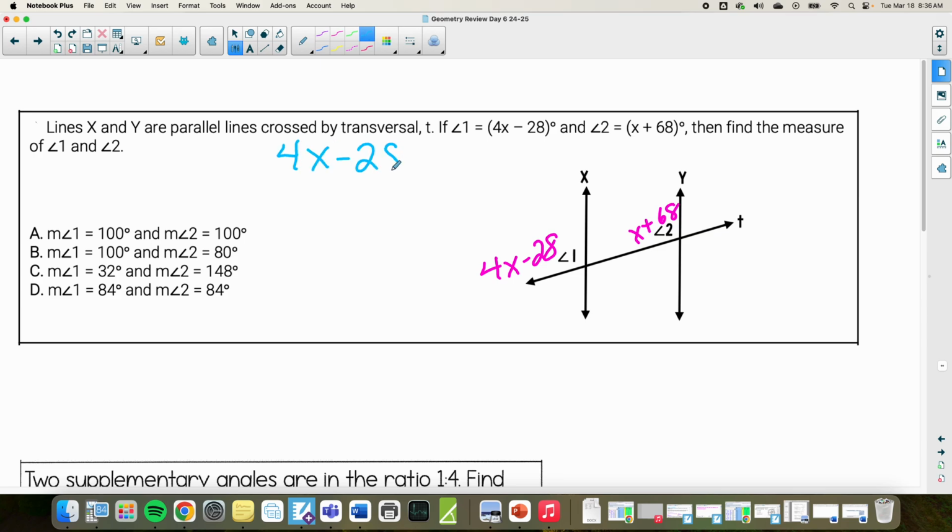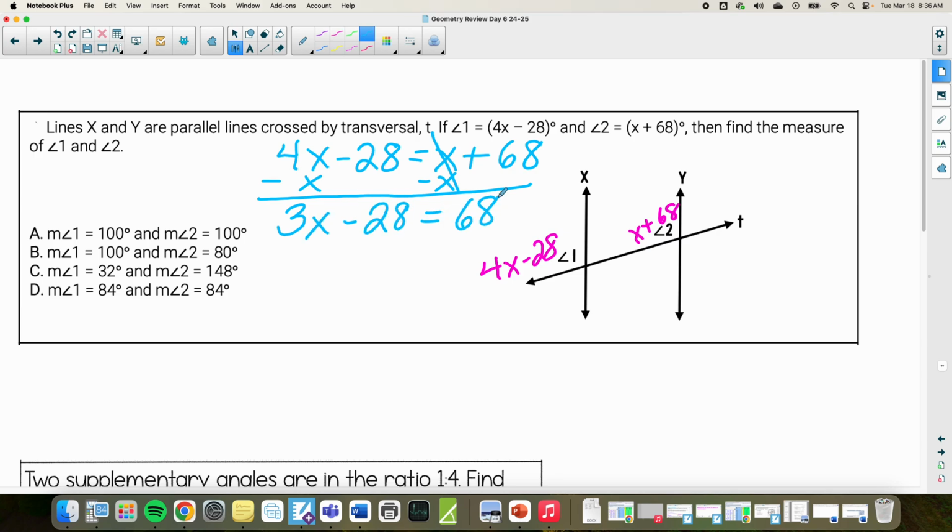I'm gonna go 4x minus 28 equals x plus 68, and I'm gonna solve that, okay? Now I'm gonna bring this x over, so I would subtract x. 4x minus x is 3x minus 28 equals 68.